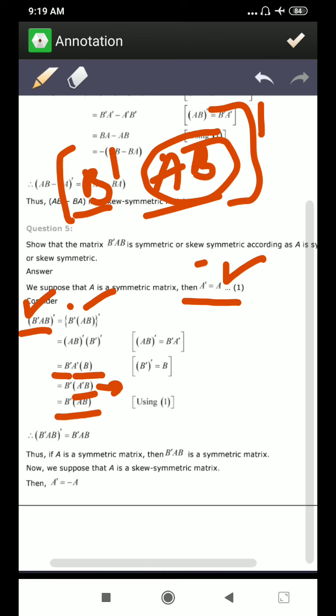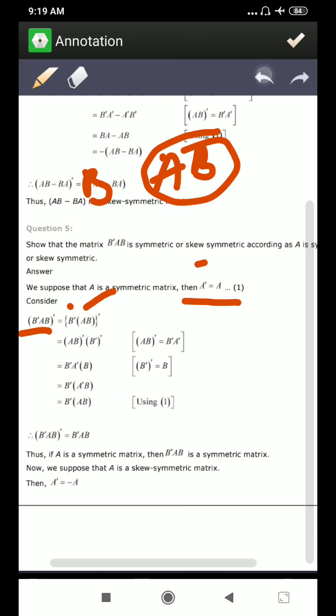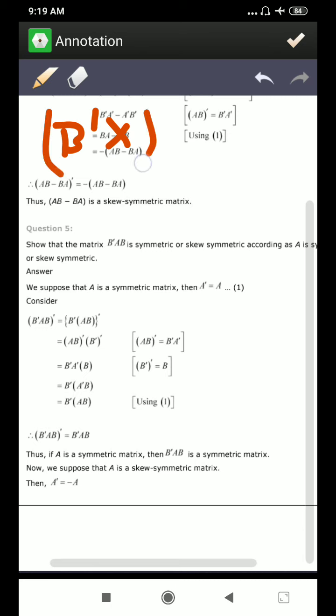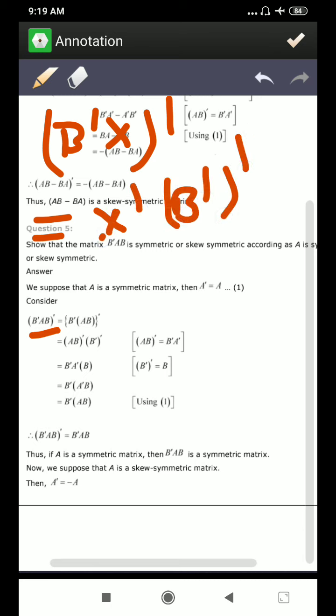That's all. The only difference in this question is that I am taking AB as a single matrix. To understand it in a better way, you can also write it initially as X, so B dash into X whole transpose is X transpose into B transpose whole transpose. Now replace the value of X, that is AB. AB whole transpose, and this is B only.